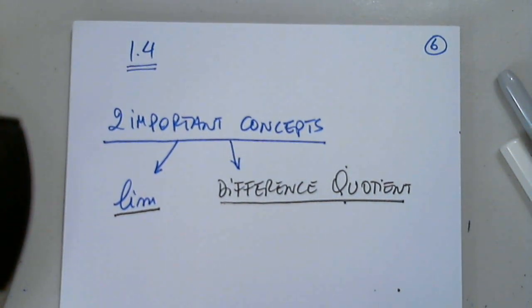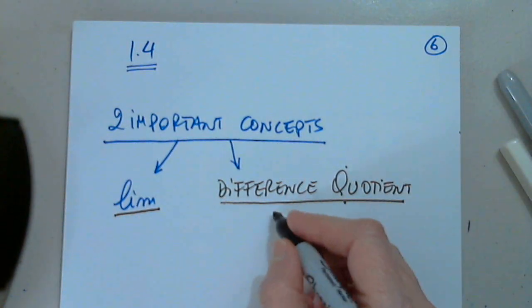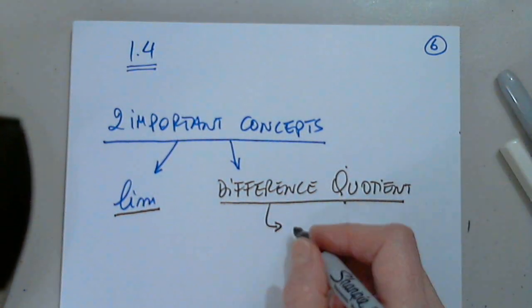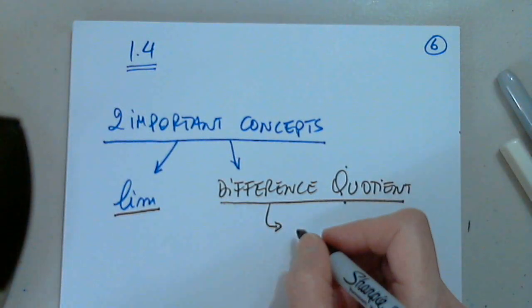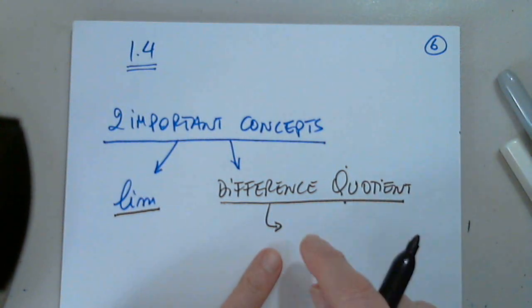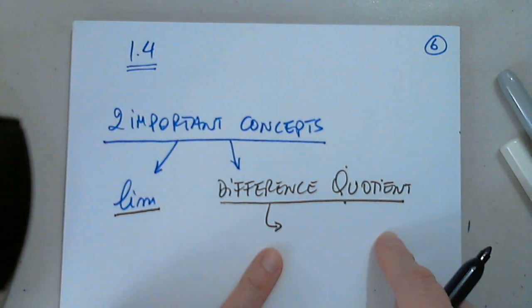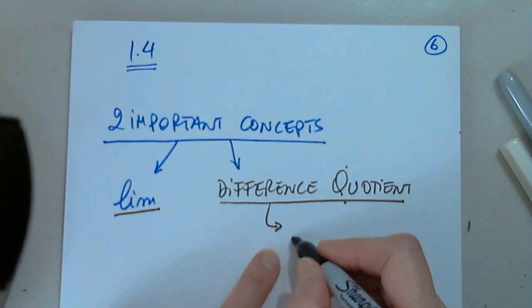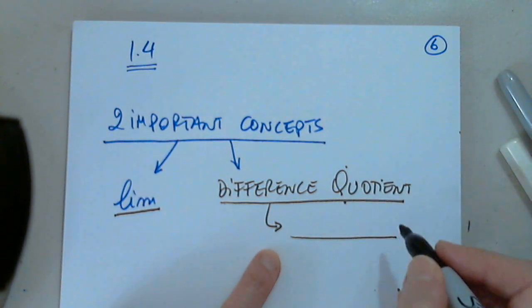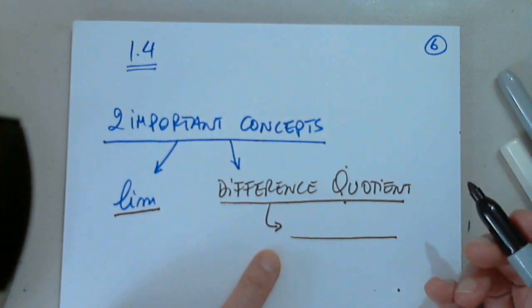And you can say, what are you talking about first? Does anyone remember what is the formula for the difference quotient? And I'll write it here. Very important formula. It starts with the rate of change, right?